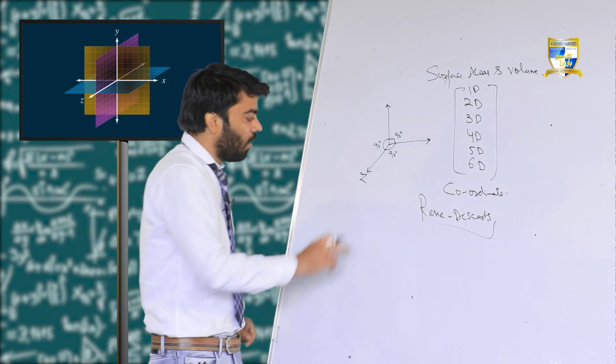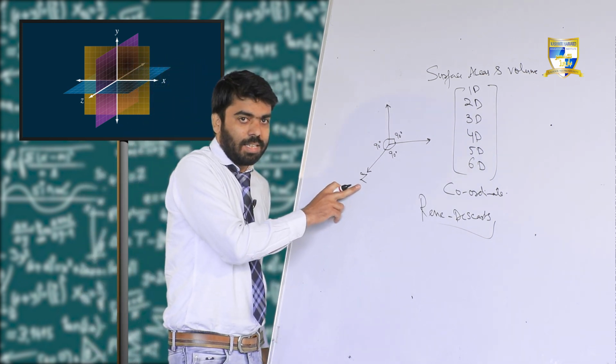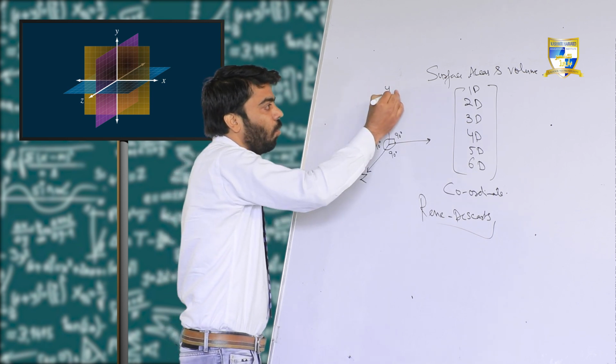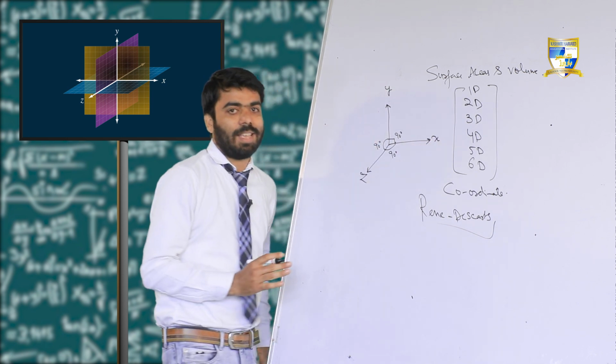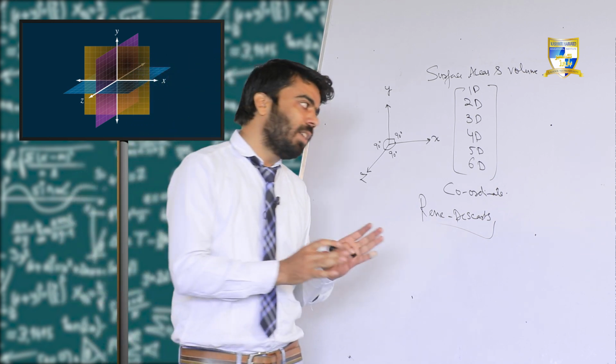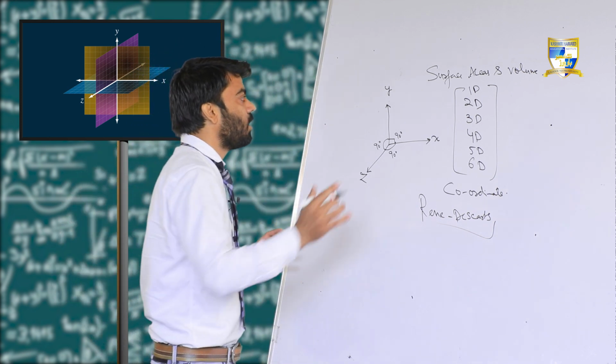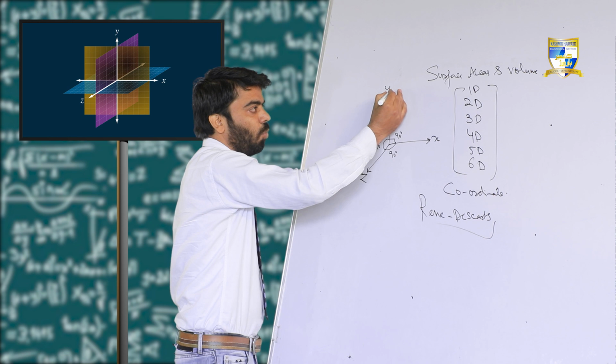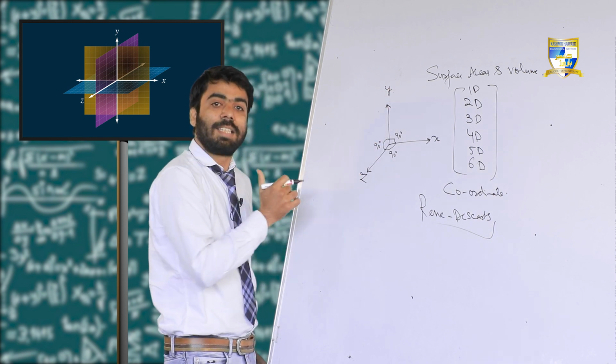So the question is, why do we call this axis the z-axis, this the y-axis and this the x-axis? The answer is, it is just a convention. This is the x-axis, this is the y-axis, and this is the z-axis.